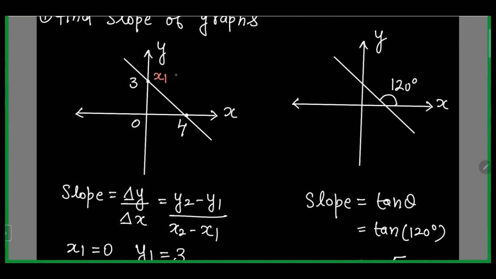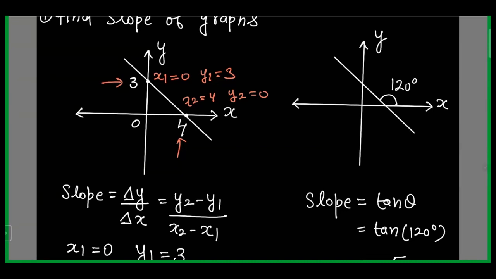So my x1 is 0 and my y1 is 3. And I am going to this point where my x2 is 4, but my y value is 0. At this point, you can clearly see your y is 0 but your x is 4. And at this point, your x is 0 but your y is 3.